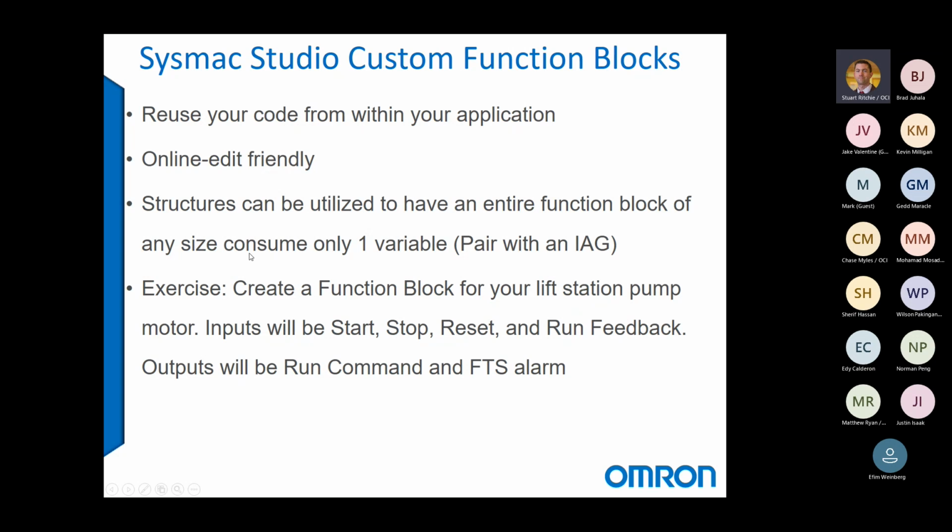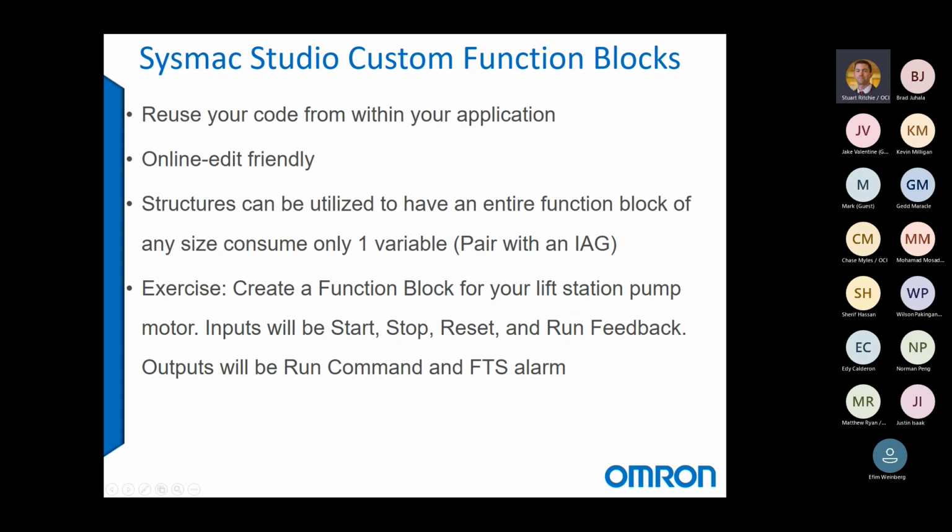And for an exercise, we are going to first make a quick little function block for the pump motor. So we'll have start, stop, reset, and run feedback as our inputs, and our outputs will be run command and the fail to start alarm.